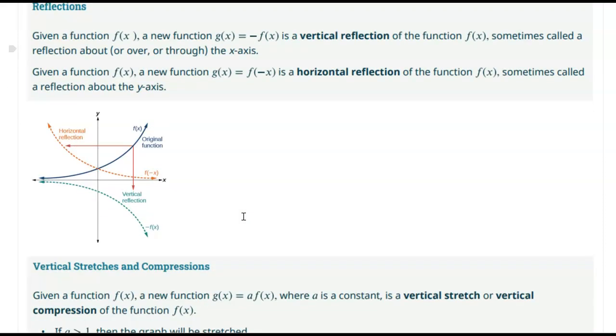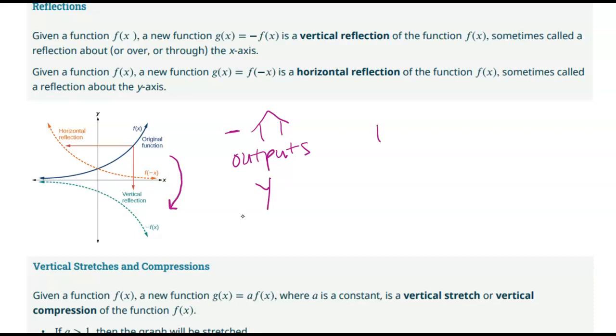All right, let's talk about reflections and stretches. So again, I want to use this analogy about being outside the house. If I have a negative outside my parent function, then that's going to affect my outputs. And notice that vertical reflection here in the graph affects my y's.